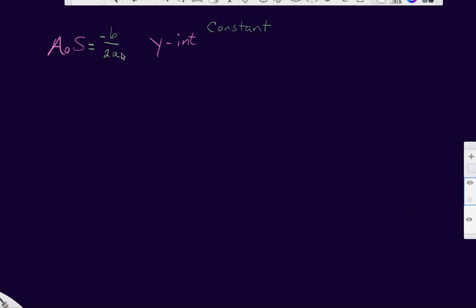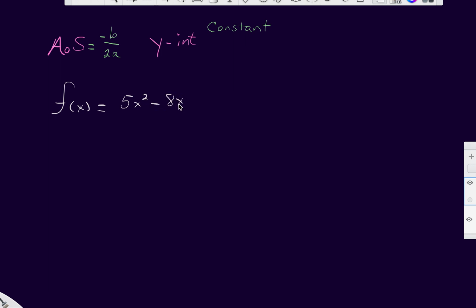So let me give you some sort of function. And a function just means y equals, but here's the function I'm going to give you. I'm going to say f of x, some output when we put some sort of x in there, equals 5x squared minus 8x.